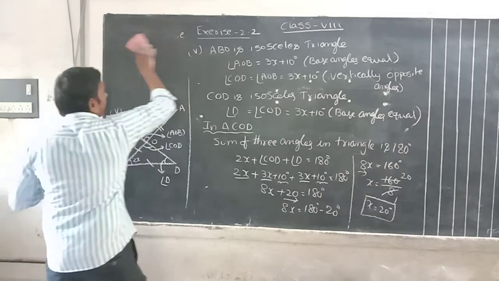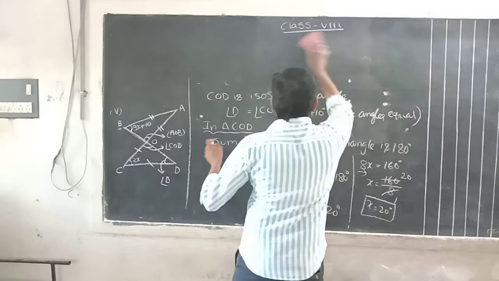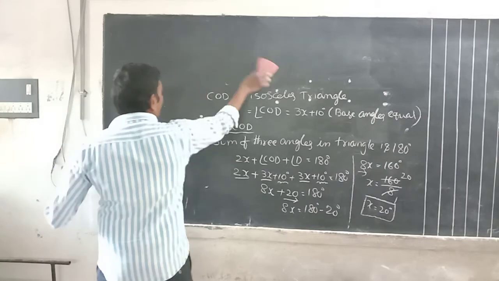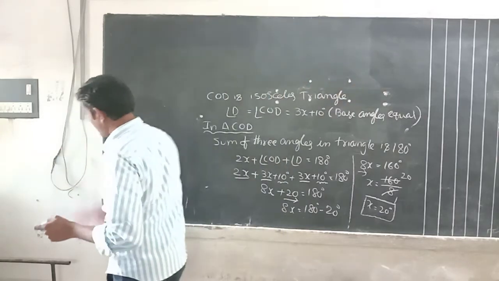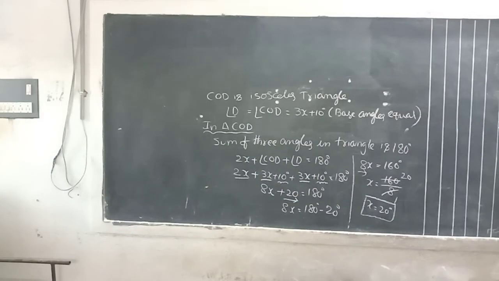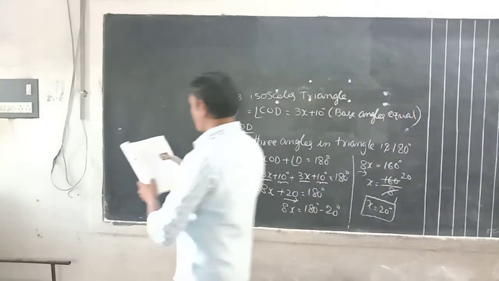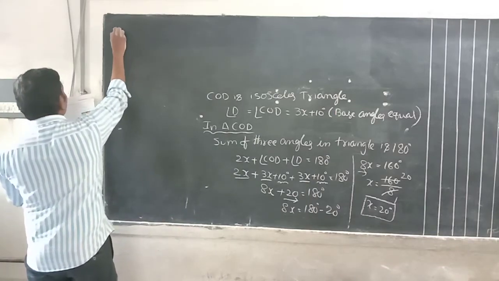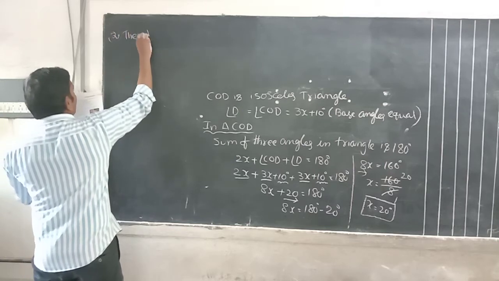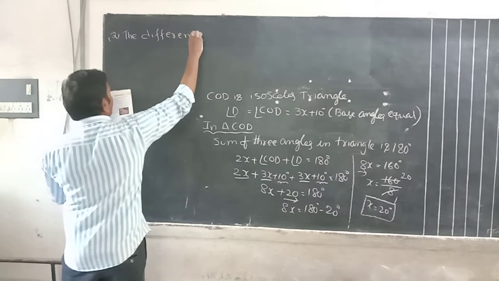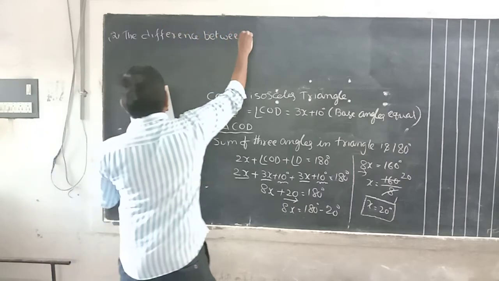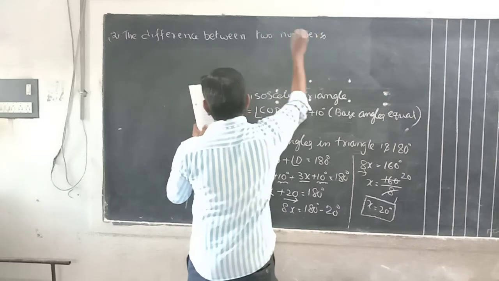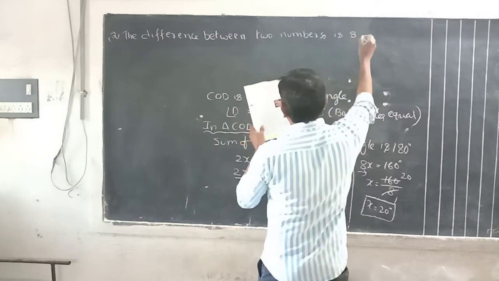Now we will go for the second one. What is the second question? The difference between two numbers is 8.